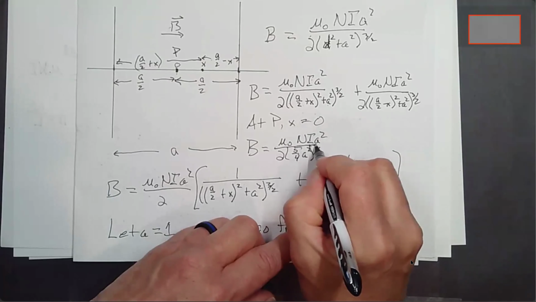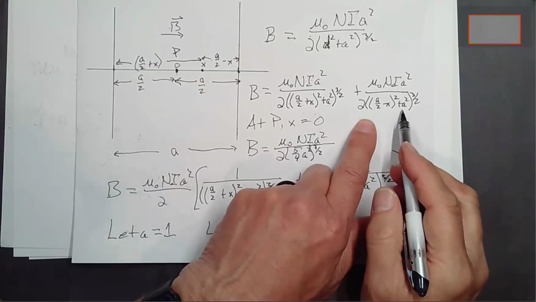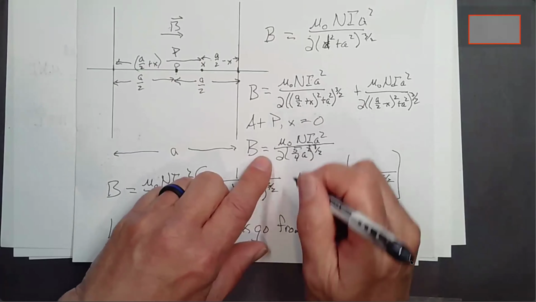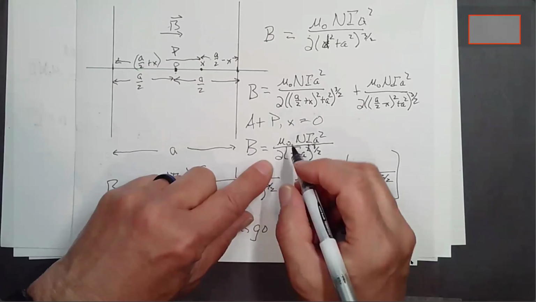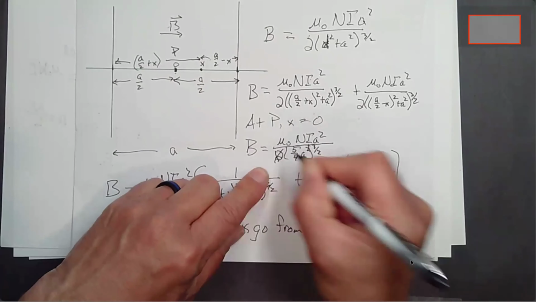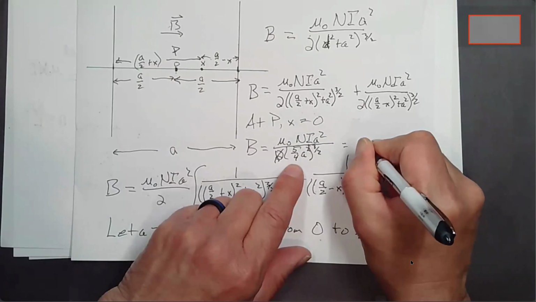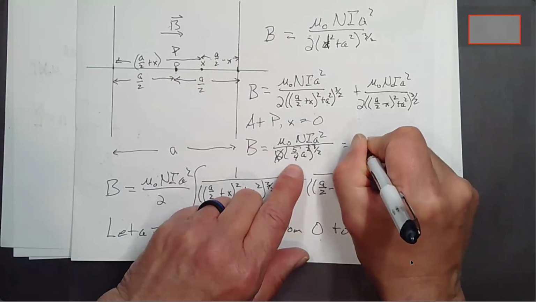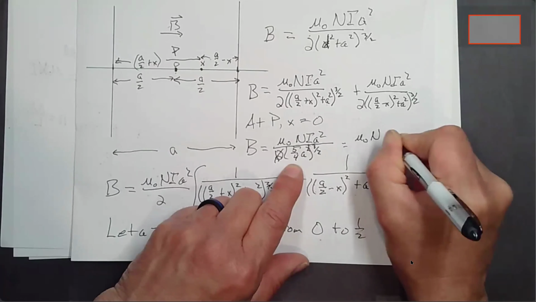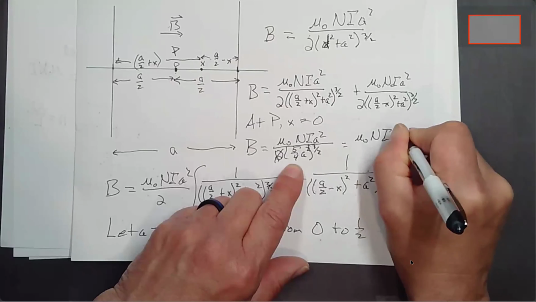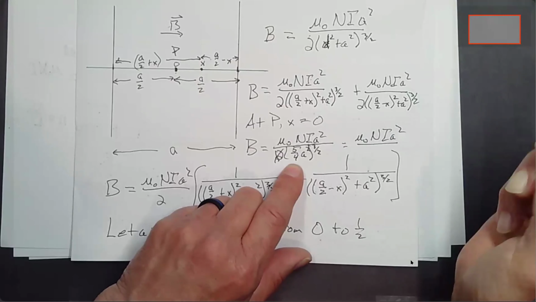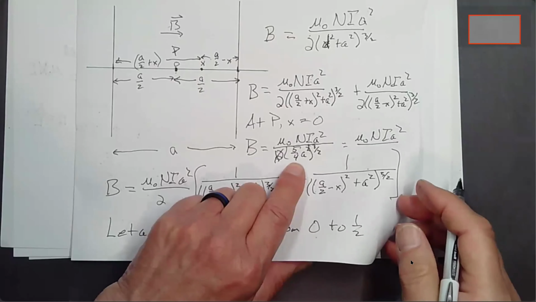That's the bottom of a fraction there. Then I'll get the exact same thing for this. So I'll have 2 of these, but that just wipes out this 2 that I've got down here. So I'll end up with mu naught N I A squared, and we could do various things with this.